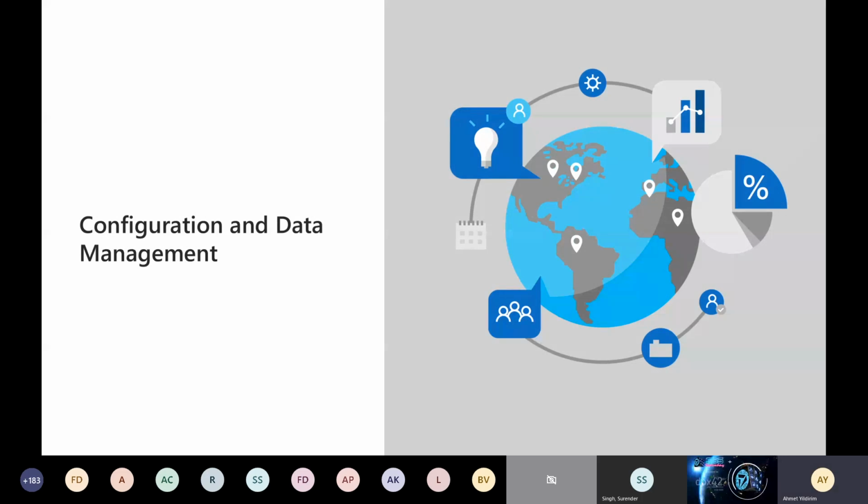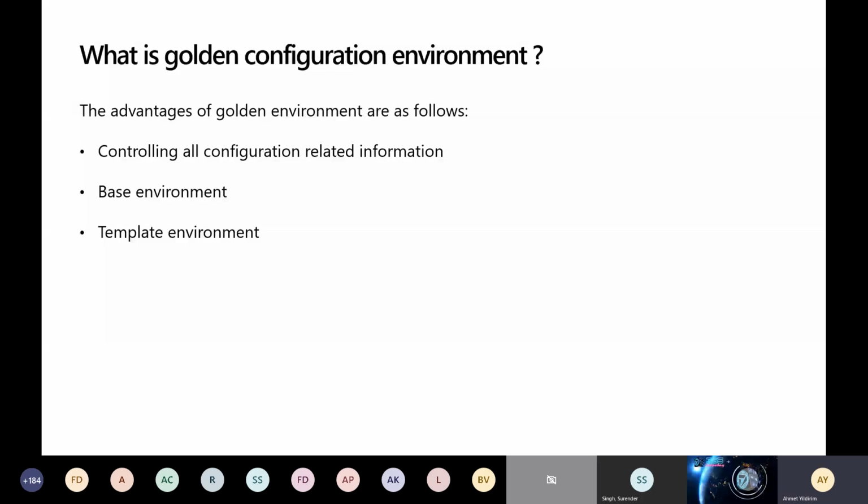Another topic, configuration and data management. It's another hot topic. In the environments part, we asked what the golden configuration environment is. It is a single environment for controlling all configuration-related information, a base environment to set up other tools for initial solution validation, and a template environment to spawn other environments, thereby reducing the chances of configuration changes or data corruption, which could directly impact testing or any other related activity.